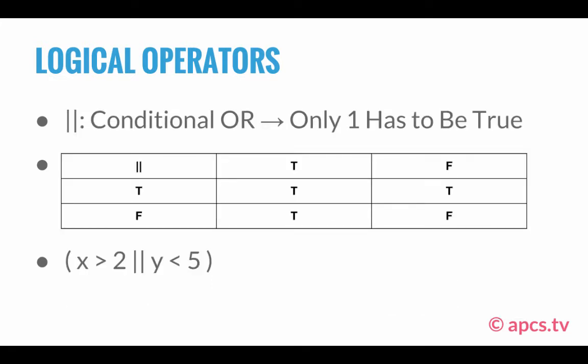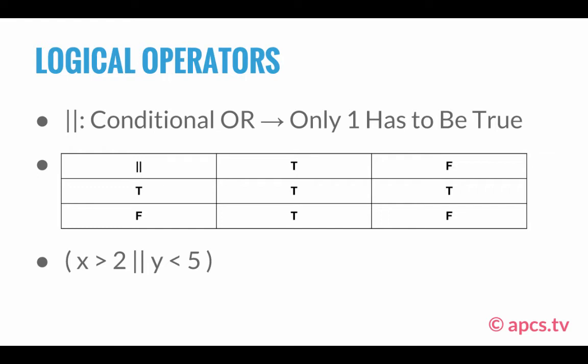Next, let's look at the conditional OR operator, which is two parallel vertical lines, and only one of these two has to be true. As you can tell, AND means both, and OR means either one. Let's look at an example. This is also used for complex conditions: x is greater than 2 or y is less than 5.